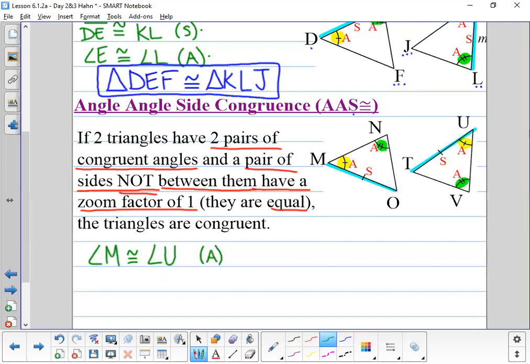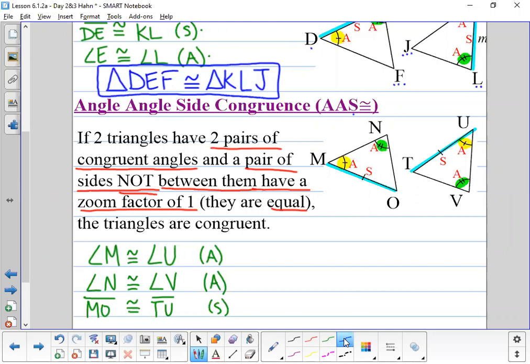And then I have angle N is congruent to angle V. That is my other angle pair. And then I have side length MO is congruent to side length TU. So there's my side. That is enough information for me to be able to use angle-angle-side congruence.